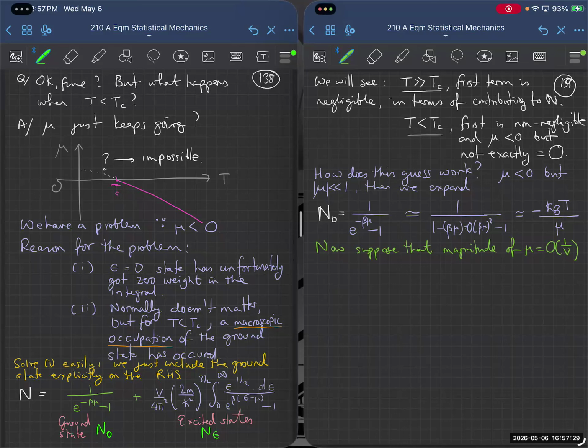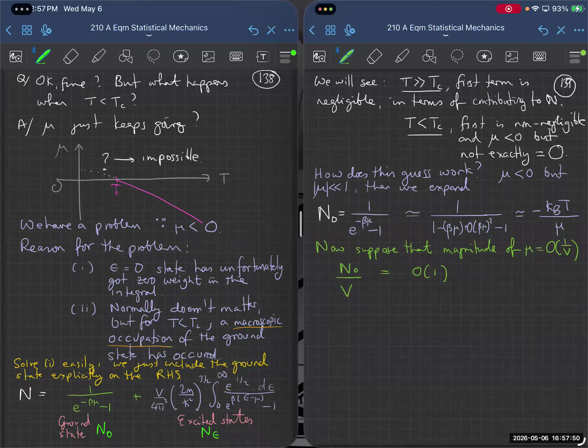Okay, let's just suppose that that were the case. Why? Well, then what that says is that n naught over v is a number that is of order 1. So mu is going like 1 over v. So n naught over v is something like minus k_B T, something like that.